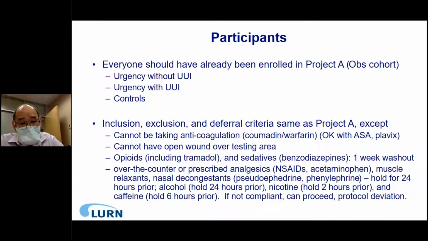We're specifically referring to things like Coumadin and warfarin. They can cause bleeding potentially, but I'm not sure that actually happens because there's really no puncture, but we don't want them to walk away with a bruise. But if they take aspirin, Plavix, and Tylenol and things like that, that should be fine.